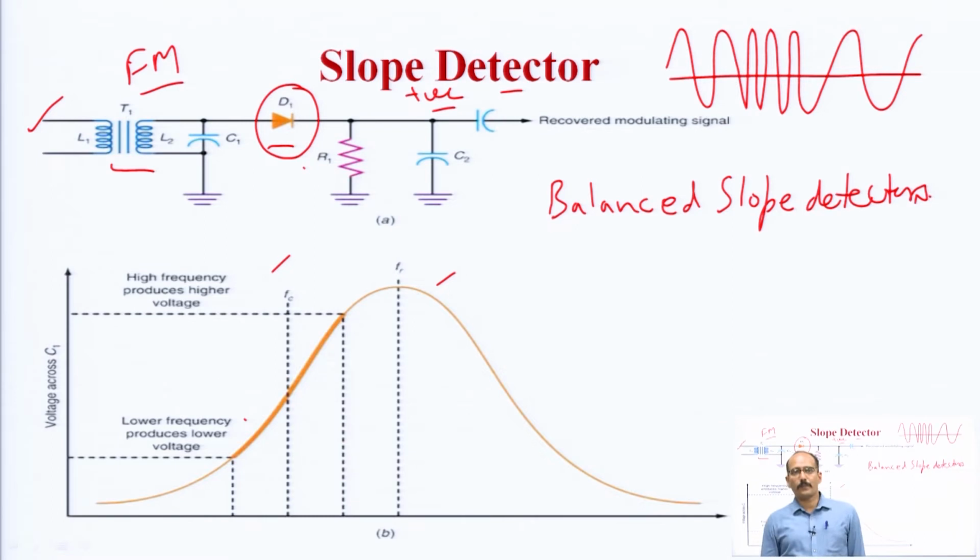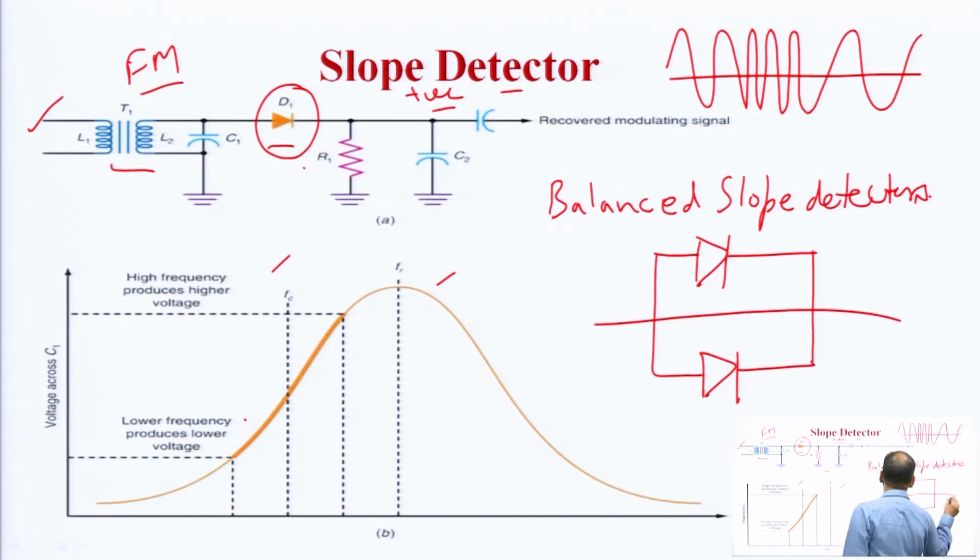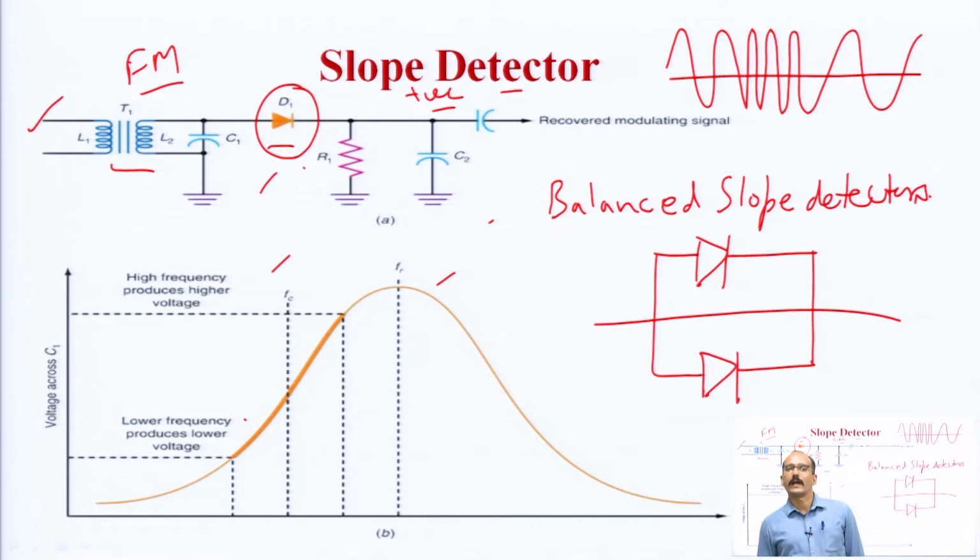These balanced slope detectors are basically a symmetrical slope detector circuit in which two diodes are connected in a symmetrical way. It means you take two slope detectors, one for the positive cycle and another for the negative cycle, and get the demodulated FM signal directly.